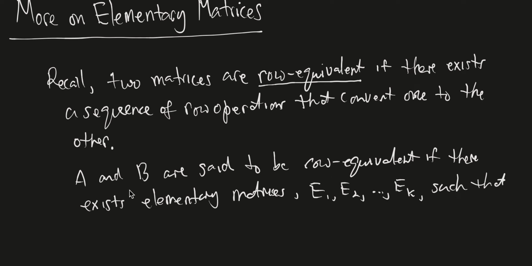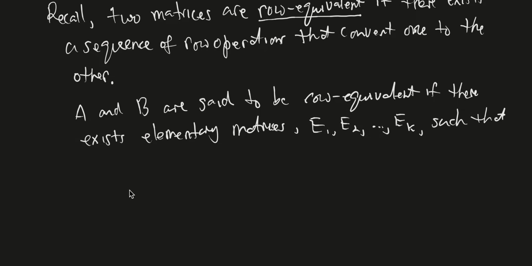Now remember, in terms of applying an elementary matrix, it's that pre-multiplication. So if I start with A, for instance, and then I apply this matrix E1, it would look like this. It would be that product. And then after doing this product, I would then apply the second elementary matrix, which would be another product. So I'm going to put it in parentheses to show the order of operations.